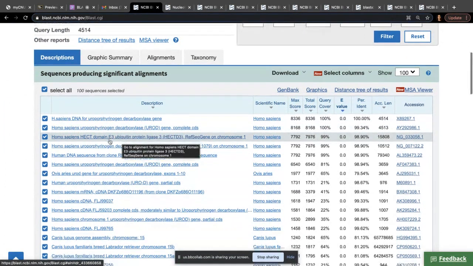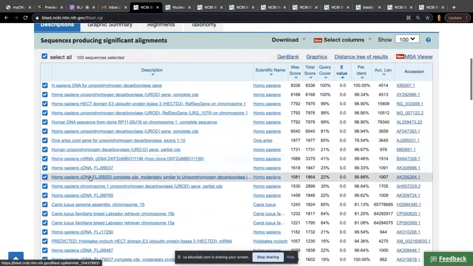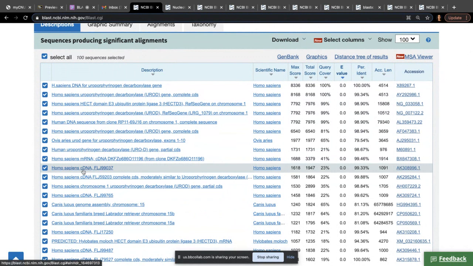On top are the best hits. And then there's an mRNA sequence that matches, which is more evidence that that's a gene. cDNA, complementary DNA, is also evidence that that DNA sequence gets transcribed.